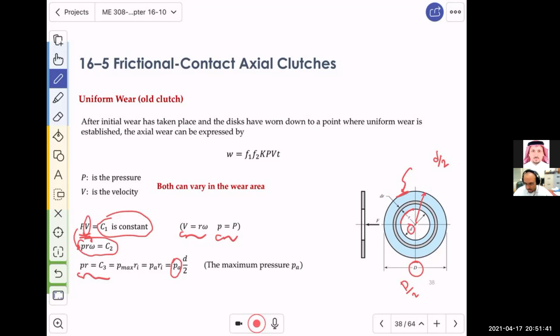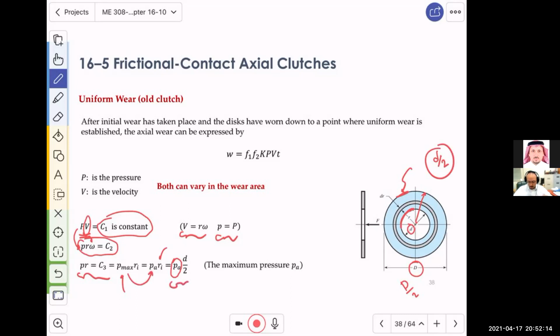So we'll put just P maximum, knowing that P maximum is likely to happen at the location of R minimum. The minimum radius is right there at d small over 2, the inner radius, not the outer radius. So we'll call it Ri, the inner radius, which is d small over 2. And P maximum, we call it Pa. And that's how we arrive at this relation.